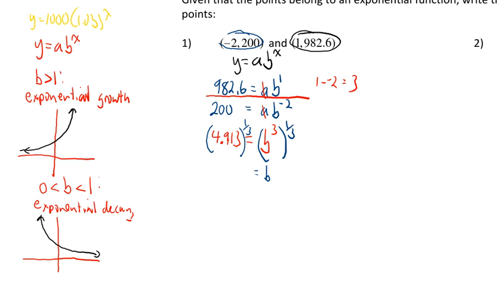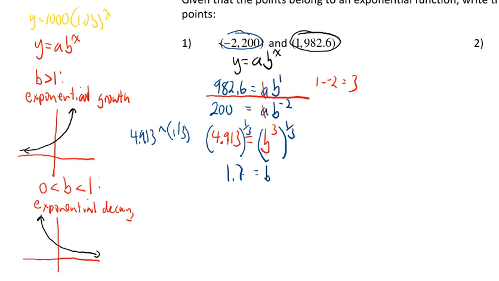If you're doing it this way on your calculator, make sure you put parentheses around the 1/3 and tell me what you get. What's 4.913 to the 1/3 power? 1.7. Good. On your calculator, it's going to look like this: to the 1/3. And that's going to give you 1.7 or 17/10.